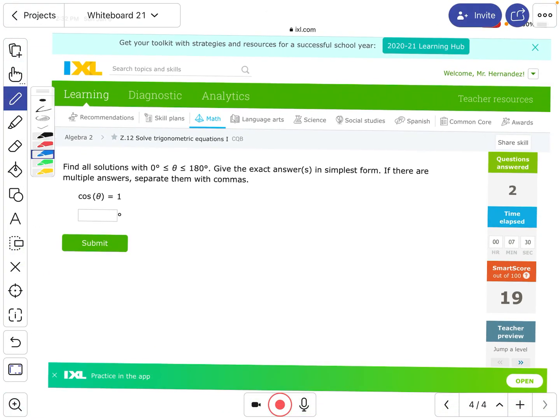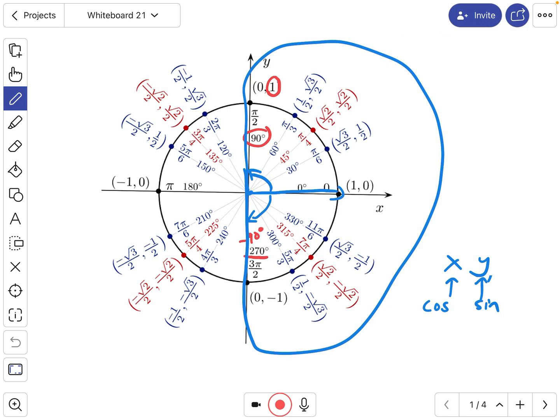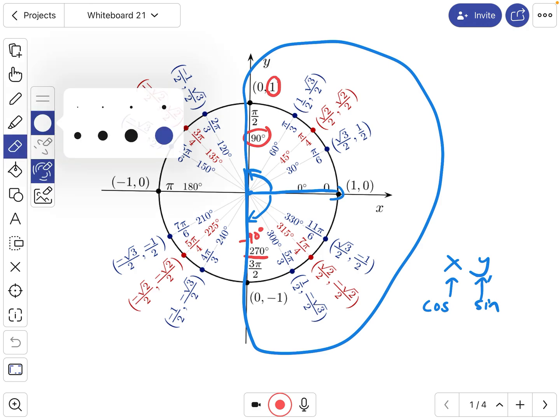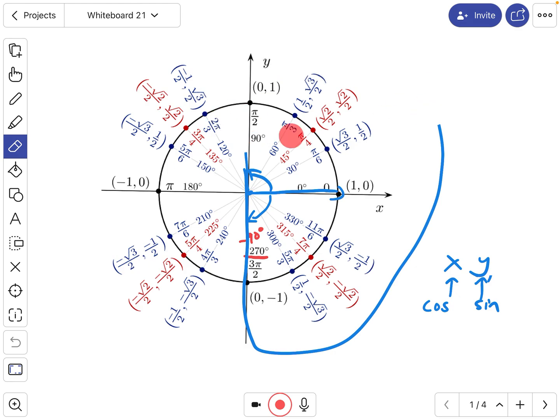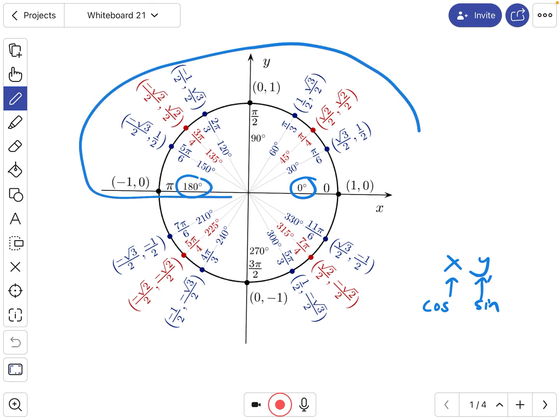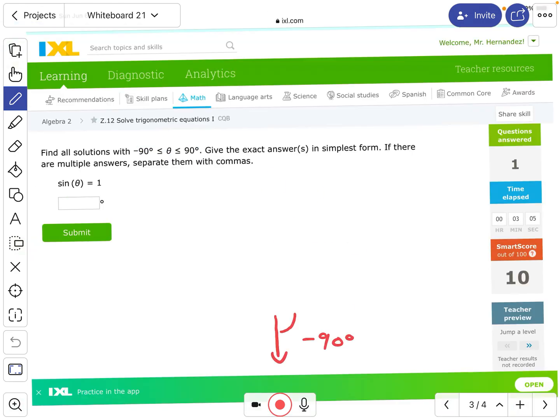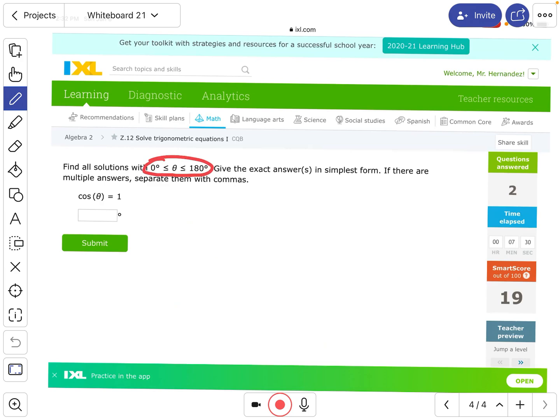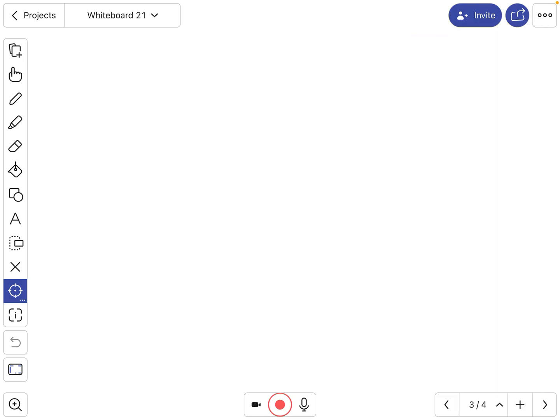Okay, so within 0 degrees and 180 degrees, let me get rid of all this. So these are both positive degrees. So 0 degrees is here, 180 degrees is here. So we're looking for something over here. And we're looking for where the cosine is equal to positive 1.